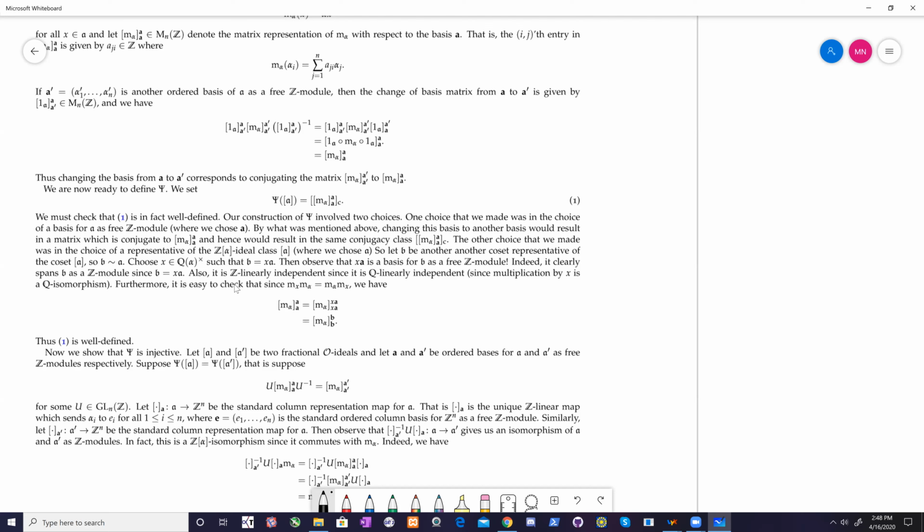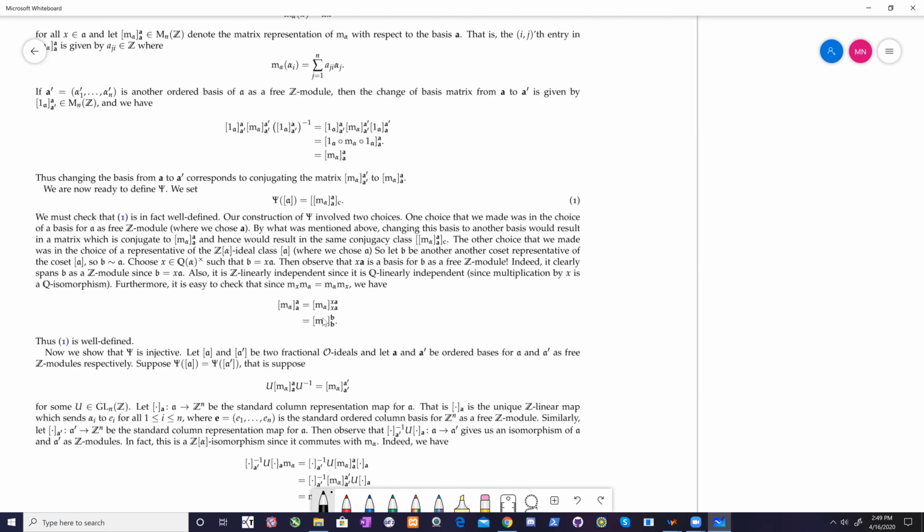In fact, it's pretty simple to show that the matrix representation map of m sub alpha with respect to the bold A basis is the same as the matrix representation map of m sub alpha with respect to the X times A basis. It follows from the fact that these things commute, or that AX is equal to XA.